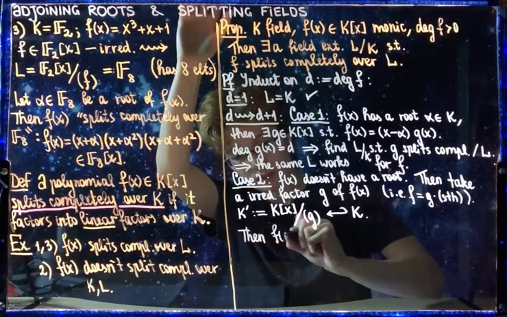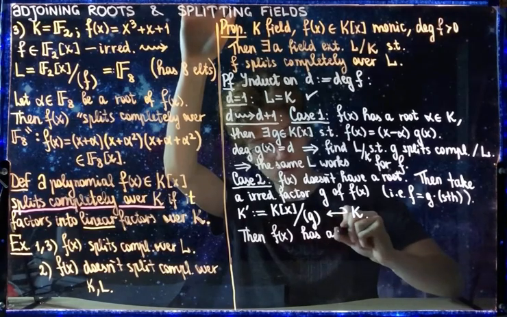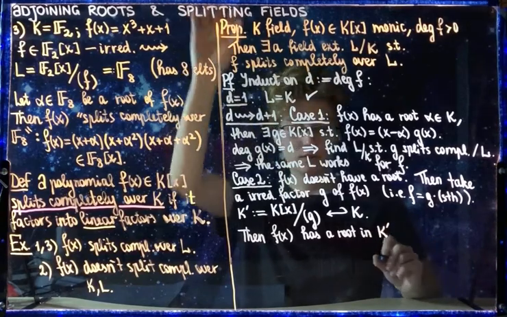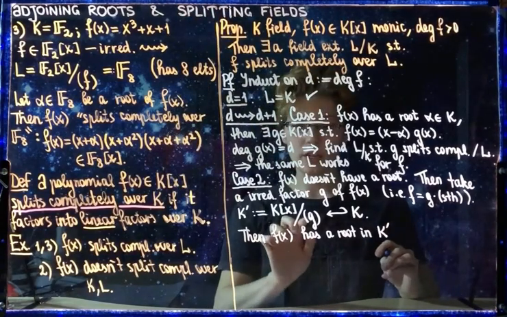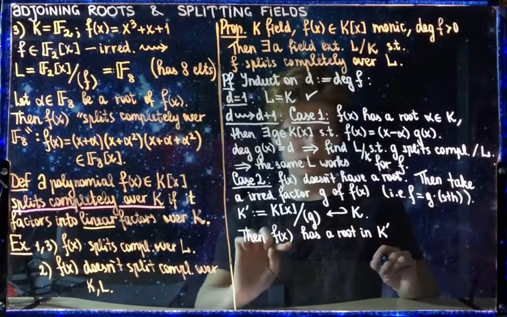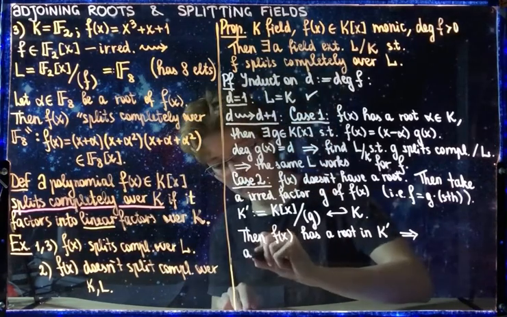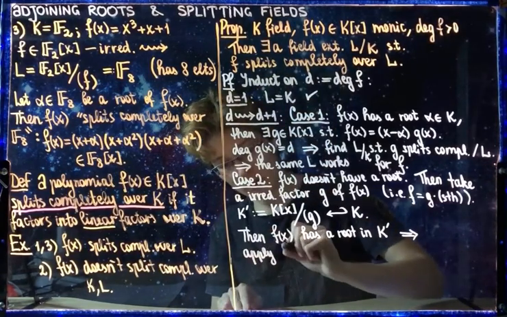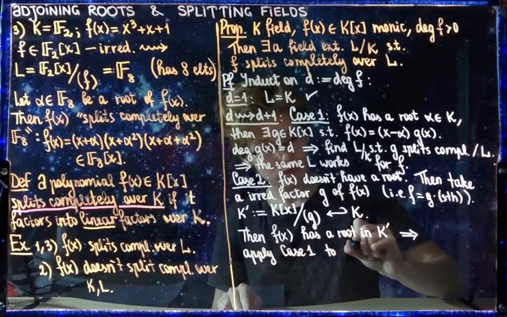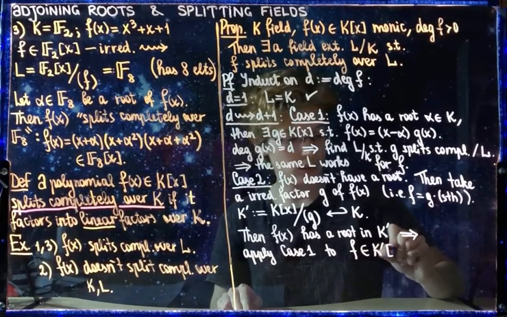Then f of x has a root in k prime, because g has a root in k prime, and g is a factor of f. So we can apply the result of case 1 to f viewed as a polynomial with coefficients in k prime.